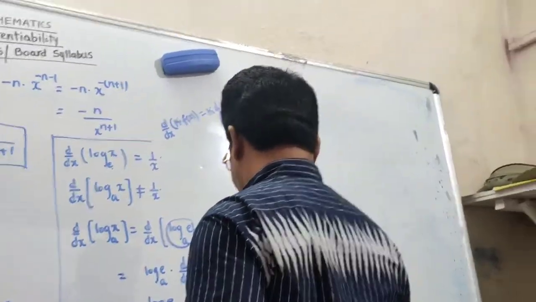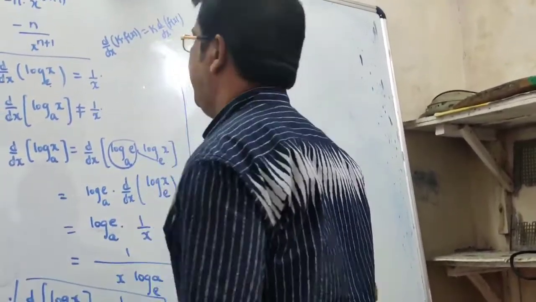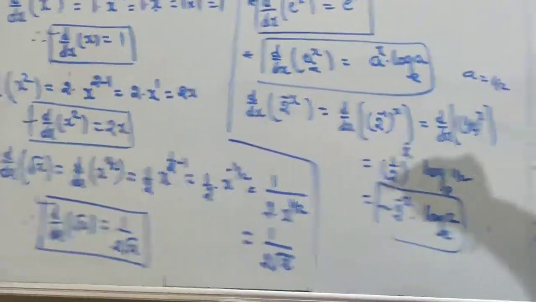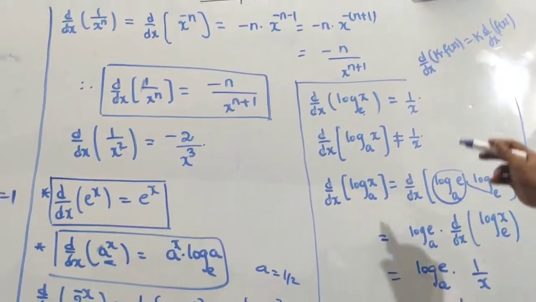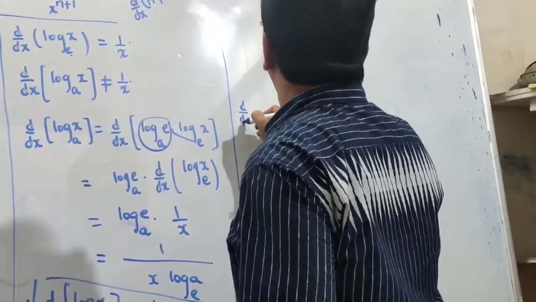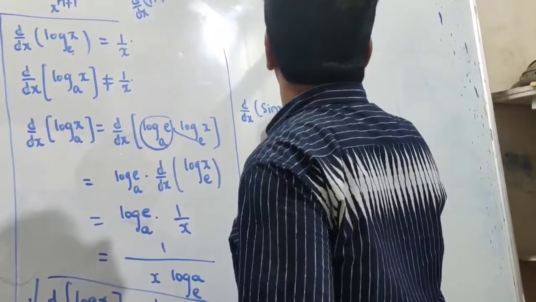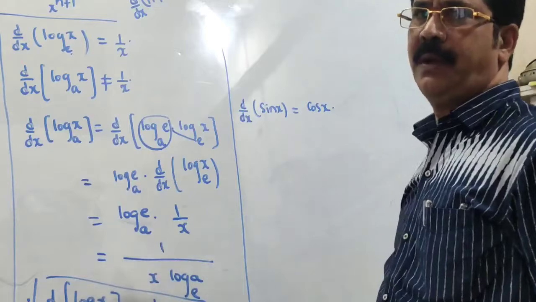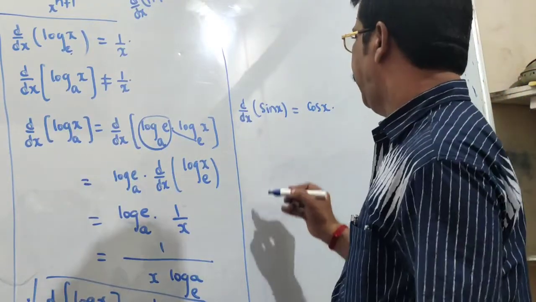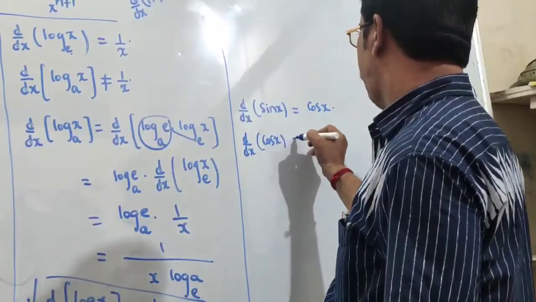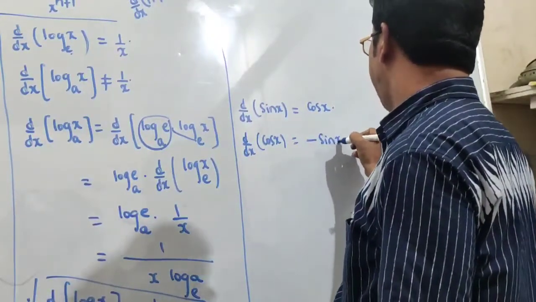Next, we have covered exponential functions, constants, some algebraic functions, exponential over, logarithm over. Next, trigonometric functions. D by dx of sine x is equal to cos x. You have to make notes, learn by heart and practice well. Next, d by dx of cos x equal to minus sine x.